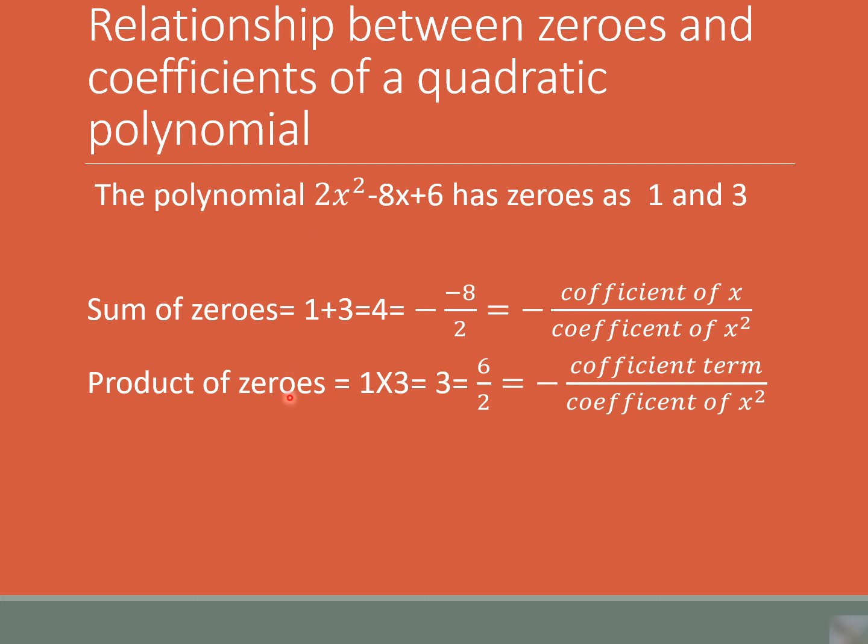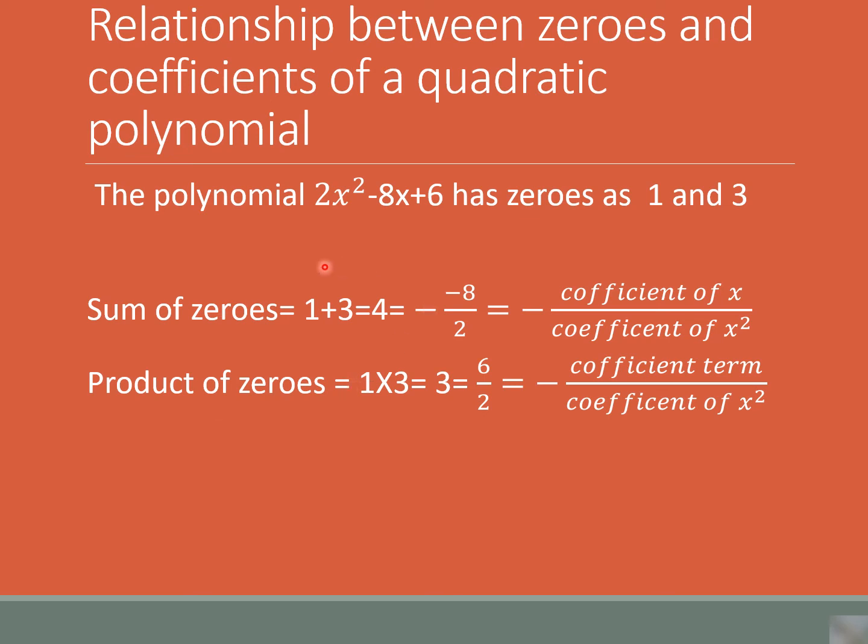And if we find the product of zeros, which is equal to 1 into 3, that is 3, which can also be written as 6 by 2. If you look carefully, 6 is the constant term and 2 is the coefficient of x square. So if we want to find the sum of zeros and the product of zeros without knowing the zeros, we can just look at the equation and find them.